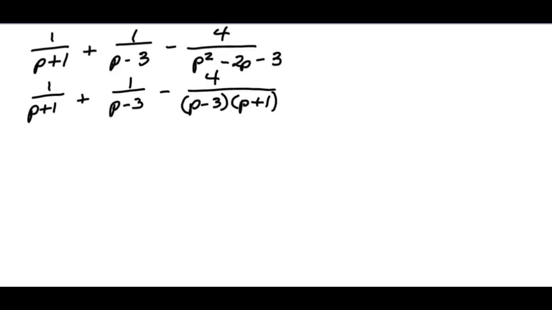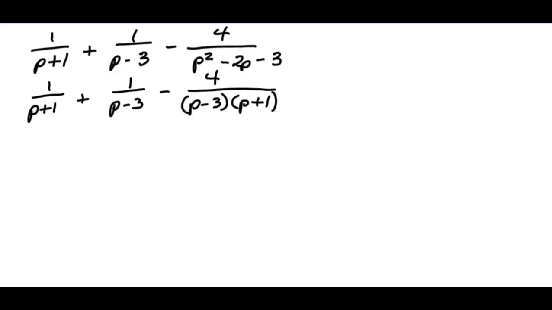Now by factoring that, what we notice is that in the denominator of that third one, we have the denominator of the first and the denominator of the second. That makes things a little simpler. That's why we decided to factor that trinomial in the third term. So our common denominator will be p minus 3 times p plus 1.